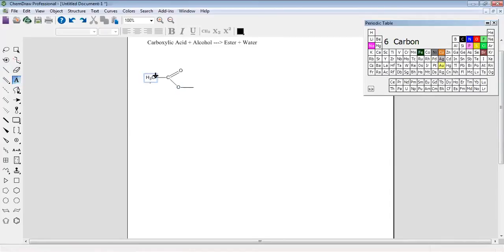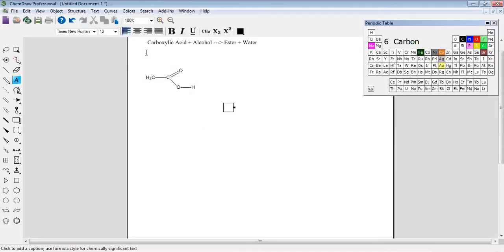This is the structure of a carboxylic acid. It has the COOH group, which has this structure when it is explained properly in the form of separate bonds. And as it has two carbon atoms, of course it's going to be ethanoic acid.